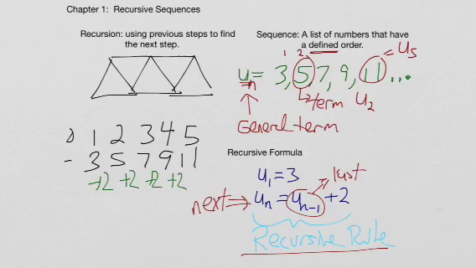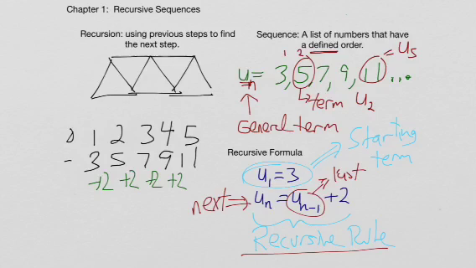But we also need this U sub 1 equals 3. This is what we're going to call the starting term. If you don't know where you start, you can't add anything onto it. And that's the one thing with this recursive formula.